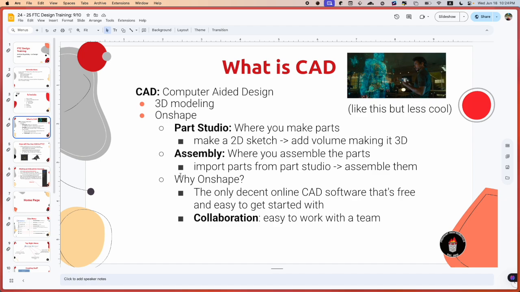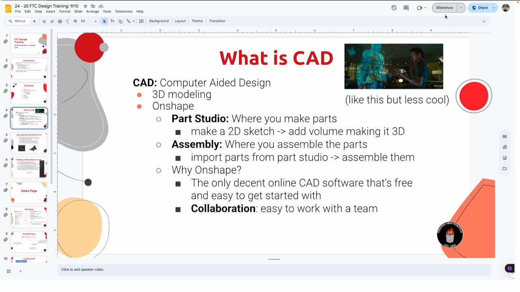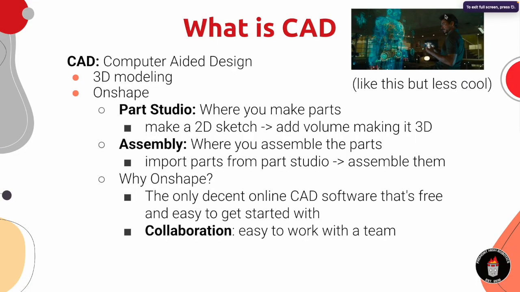So, what is CAD? CAD stands for Computer Aided Design. It is, in other words, 3D modeling, but we say CAD because it sounds cooler. We actually use Onshape for our CAD software, but there are many other CAD software that other teams use, such as Fusion 360 and Autodesk.